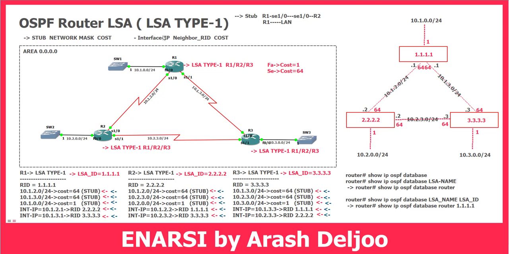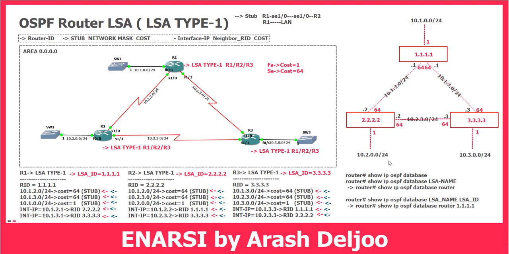Also, you know that in the LSA type 1, we have the router ID of the advertising router. Let me write here, router ID, because first router 1 should send its router ID. After that, it should send the information related to the stub network, mask and cost, and also interface IP, neighbor RID and cost. Now you have learned about the LSA type 1 and its content.